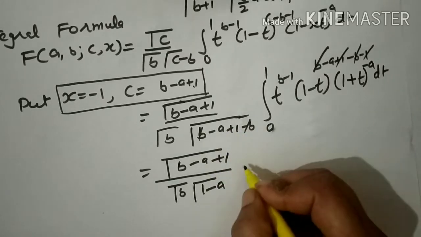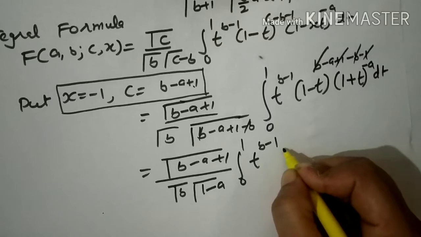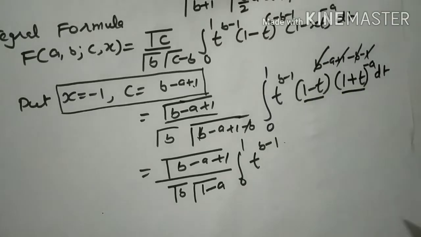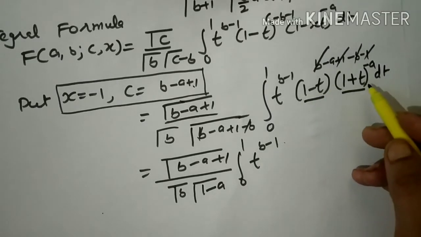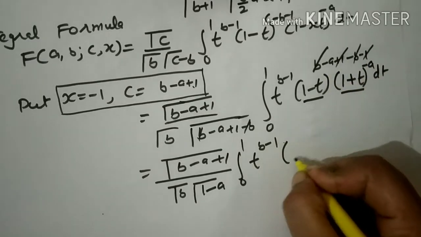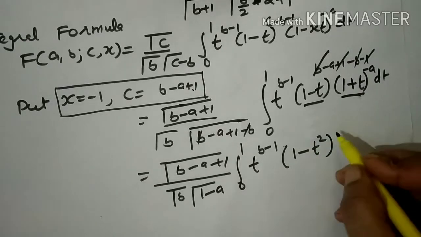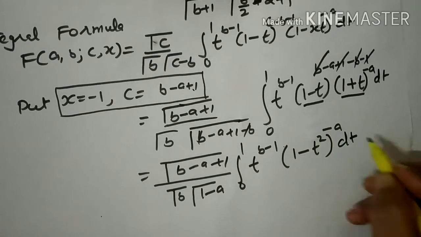a here. So this integral 0 to 1 t raised to power b minus 1, and these two terms, 1 minus t and 1 plus t raised to power minus a, both these have same power, so they will be multiplied. So (1 minus t squared) raised to power minus a dt.